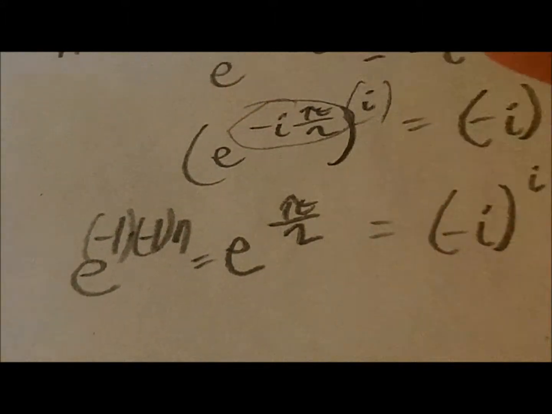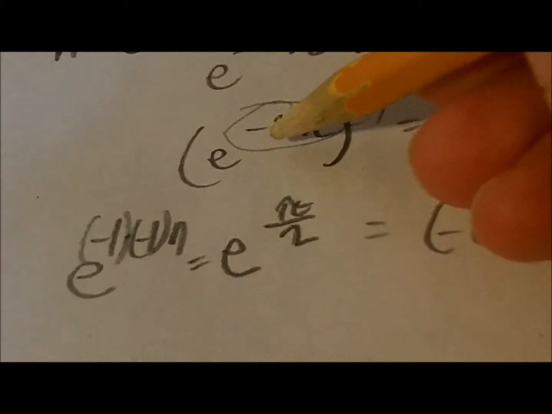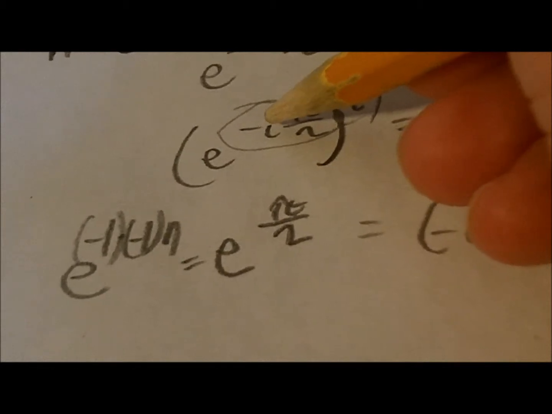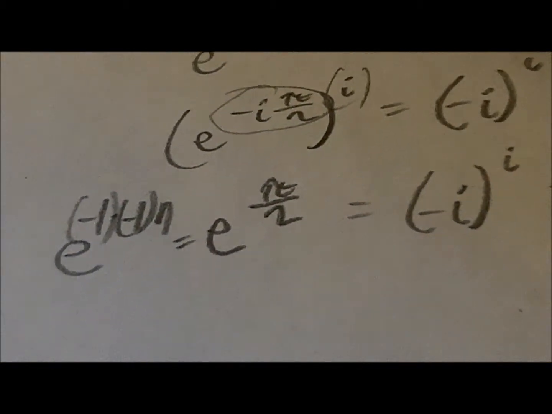It's negative 1 times i times i, which is negative 1 times negative 1, so it's simply positive 1.